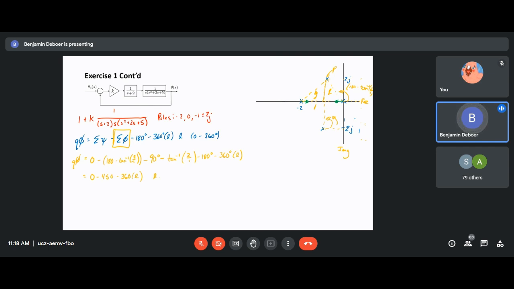And so if we set L equal to negative 2, we get a departure angle of 270 degrees.